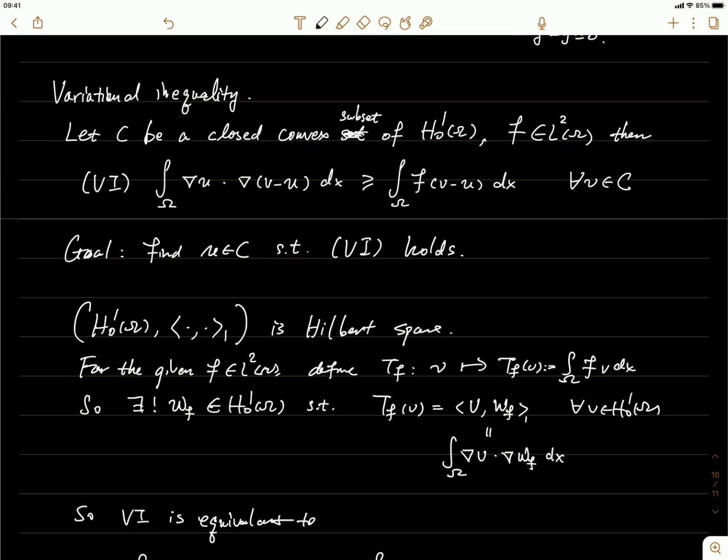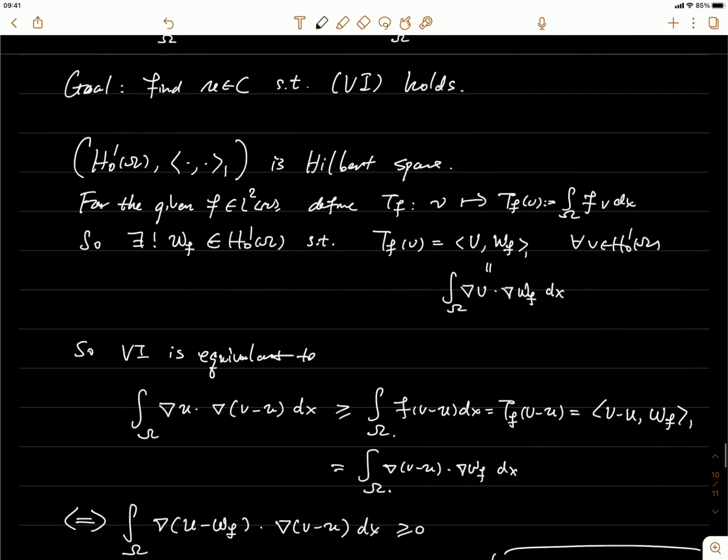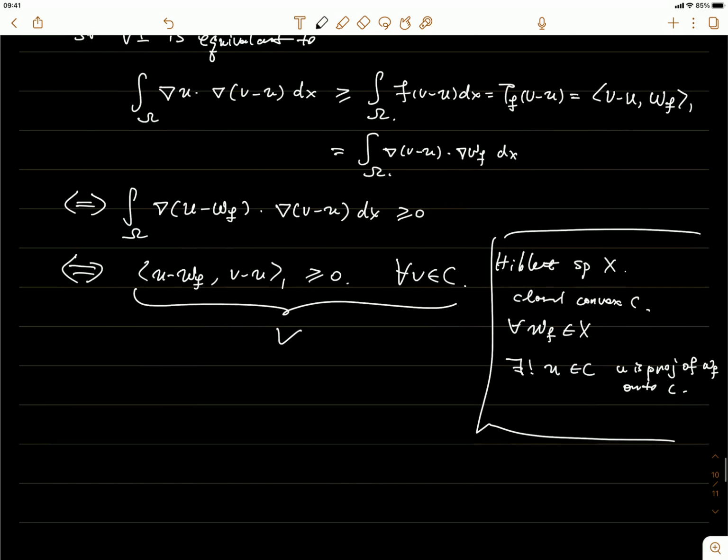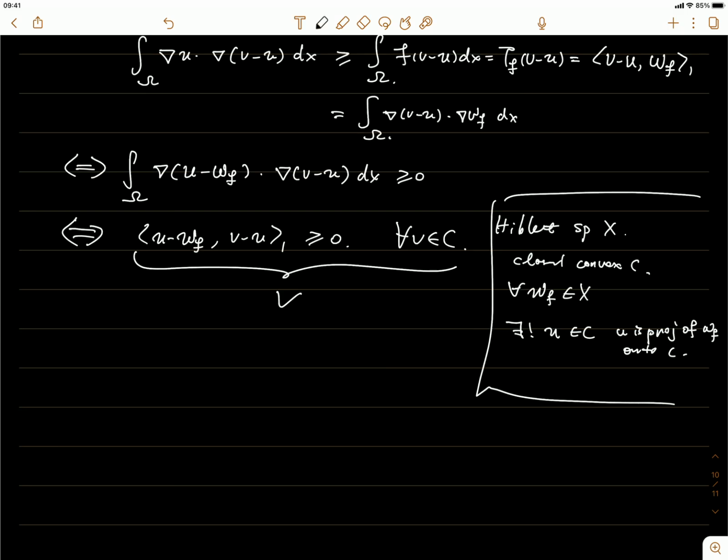Okay, so that's how we prove the existence and the uniqueness of a solution for the variational inequality. Again, we didn't really touch any of the calculation there, but just used some results from functional analysis to prove a very important result in PDE, in variational inequality.